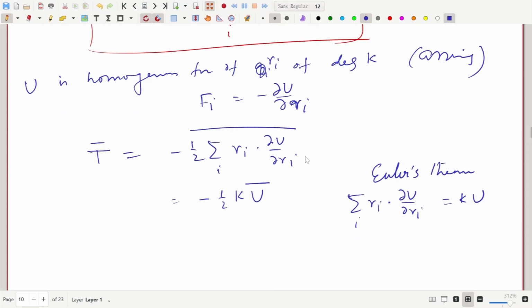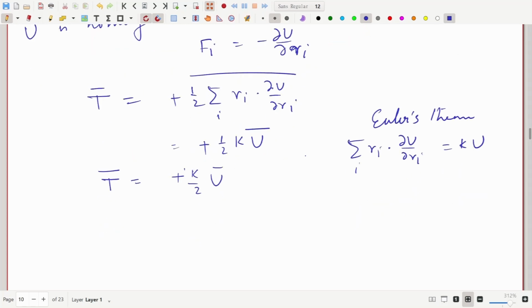What we obtain is that for a conservative system where the potential energy is a homogeneous function of degree k, T bar equals minus this, I am sorry, this is a mistake, this will be plus, it will be k by 2 times U bar.